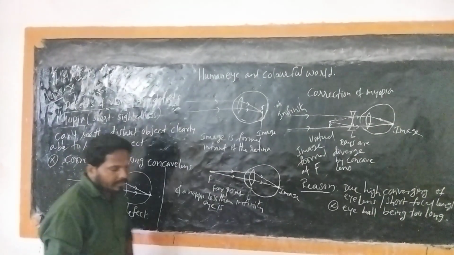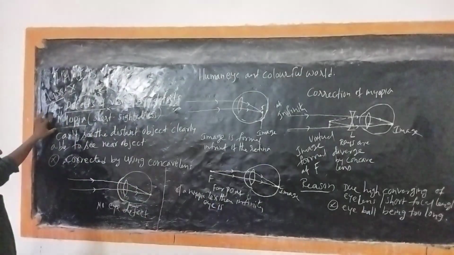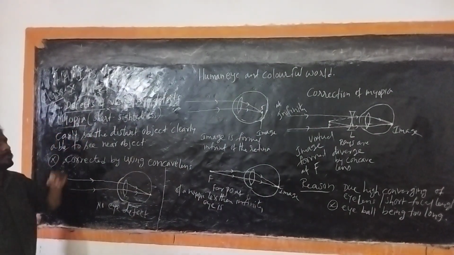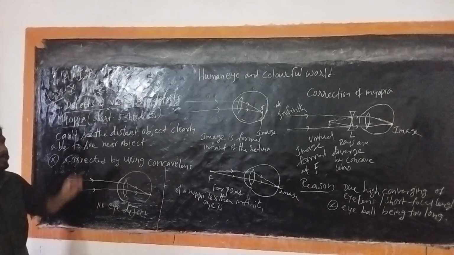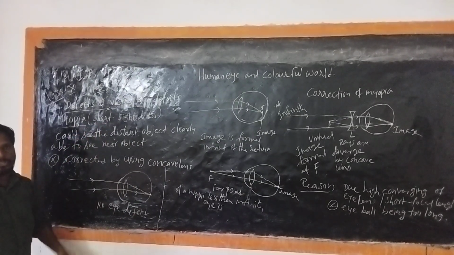The first one is myopia. Myopia is also called shortsightedness or nearsightedness.